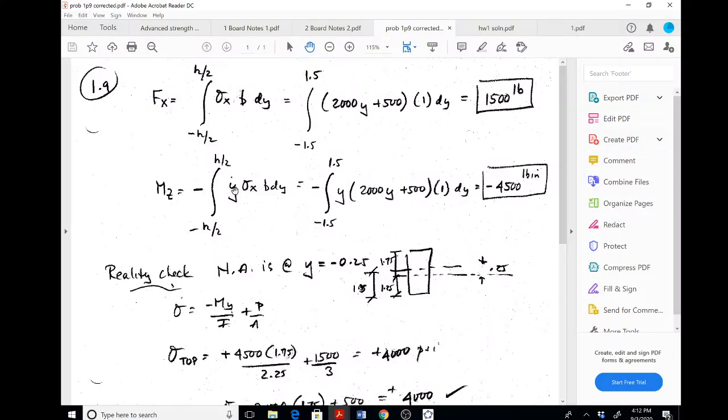So y times sigma x b dy would give us the moment independent of what I just did. So here you could see in the integrand, I'm actually getting the force times an arm. There's my limits. So let's put that in.